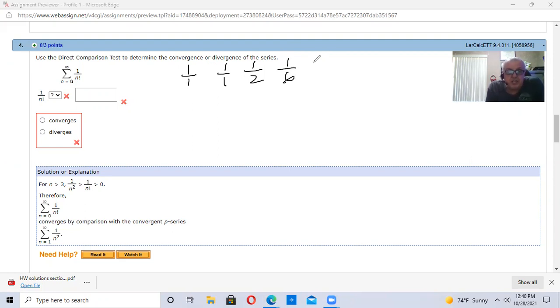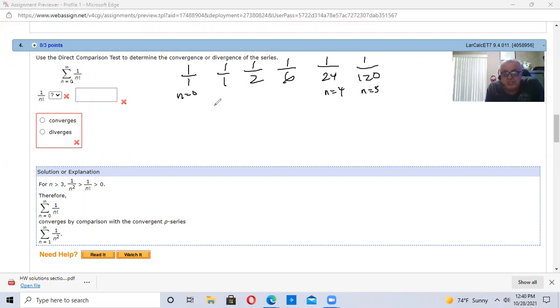If I plug in 4, I get 4 factorial, which is 24. And then I can actually plug in 5. I get 120. 5 factorial is 120. This is when n equals 5, n equals 4, n equals 0.